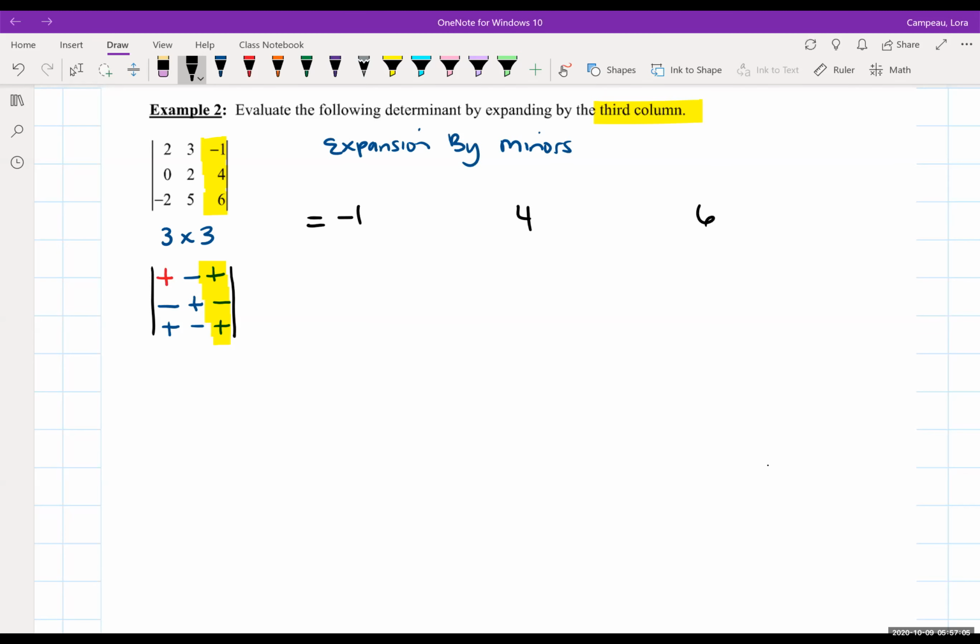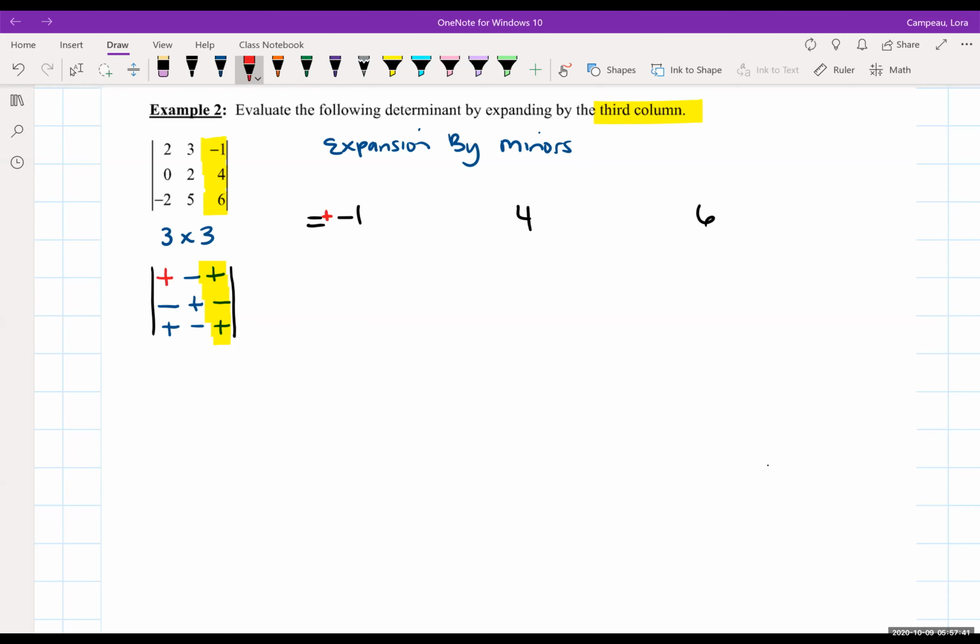And while I'm doing this, I'm keeping in mind that there will be 2 by 2 determinants that I have to multiply by all of these elements. But before I get there, what I'd like to show you is that we will have to deal with the signs first. So along with the third column of the original matrix, we're looking at the third column of the array of signs. And so we will match each of the signs with their corresponding element. The top right corner, row 1, column 3, should match up with the -1.